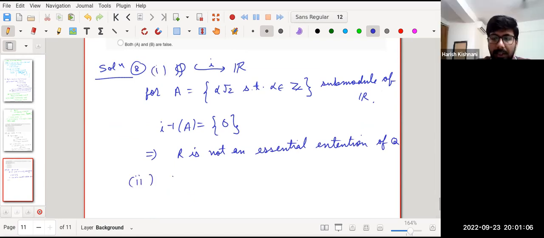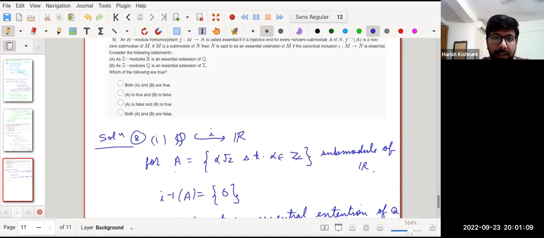Then second, is Q an essential extension of Z?